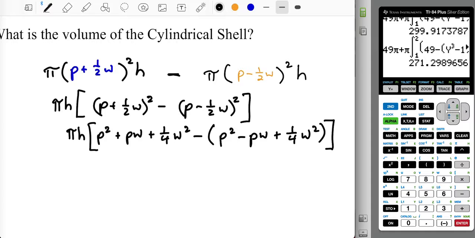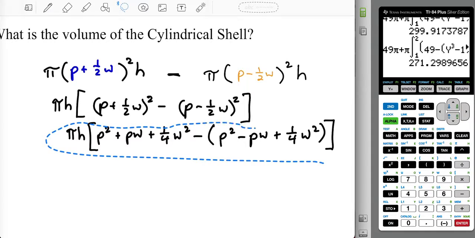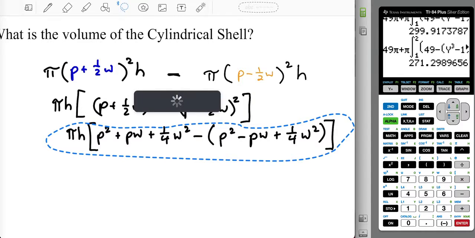A little distributive property, just running through the negative.